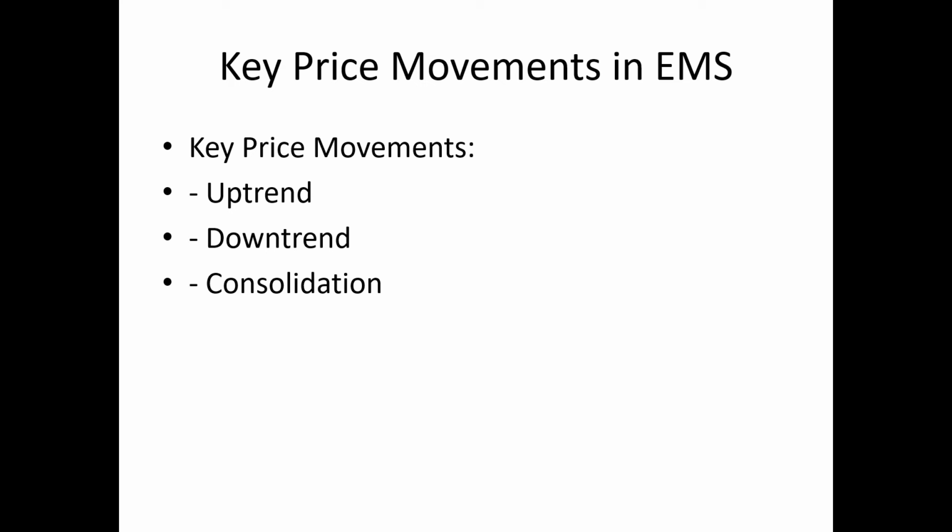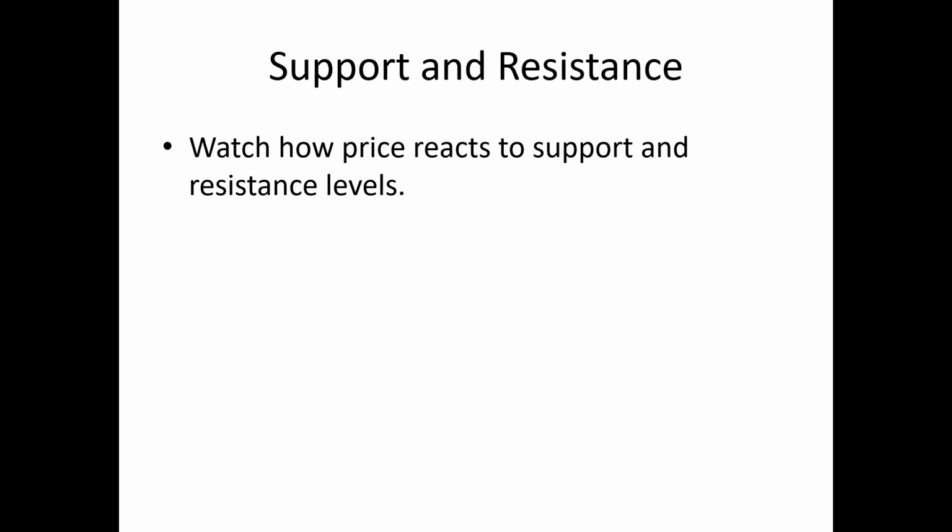So understanding these basic movements is really essential to identifying profitable setups. So I'm going to show an example here of support and resistance levels, and you'll see when price hits resistance, we prepare for potential breakouts or reversals, right? No one knows what's going to happen, but when you're looking at a resistance level, you can create a plan.